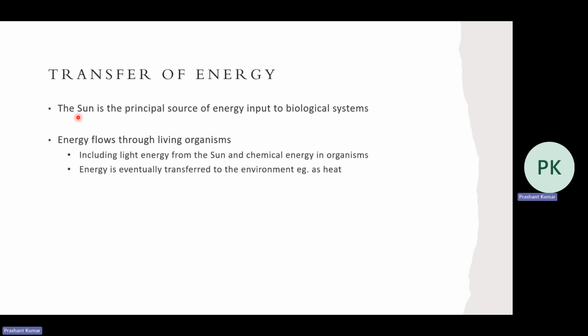We need to convert the energy into a chemical form, because when we eat food, the food is broken down, the bonds are broken down, and they are converted into the simplest forms, which are metabolized, like glucose and amino acids. In this way, the sun's energy, stored in the chemical bonds with the help of photosynthesis, comes into the plant, and then from the plant it goes to the next organism.